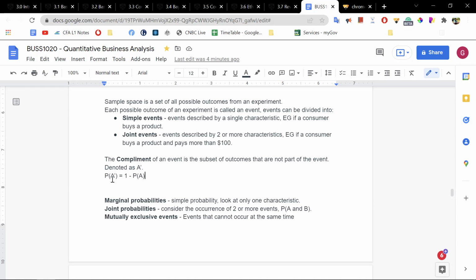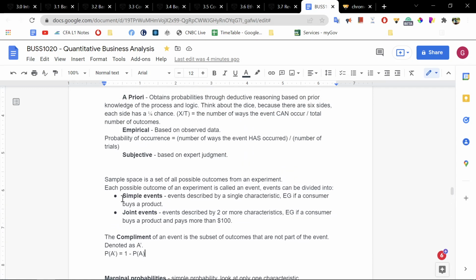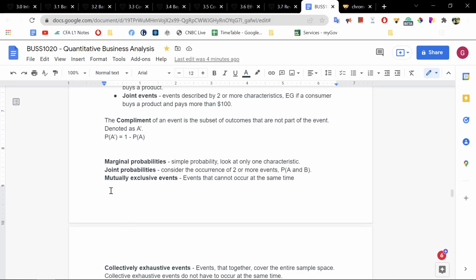So the probability of A prime is equal to 1, which is the universal set, or what we call the sample space, minus the probability of A. If we rearrange this, the probability of A plus the probability of A prime should equal the sample space. Now that's just the idea of a complement. So A prime is the complement to A because the probability of A plus the probability of A prime equals all possible outcomes.